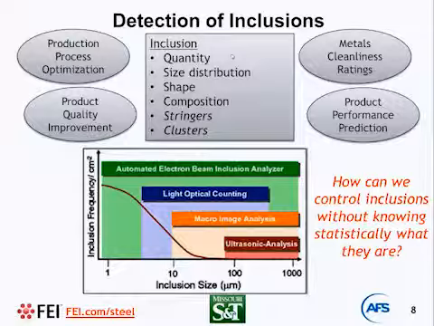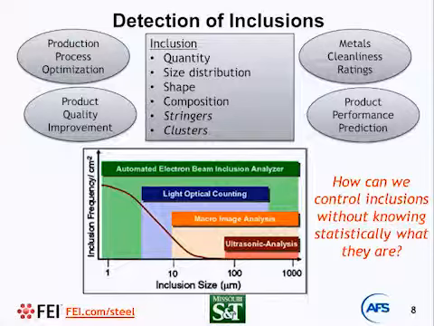As we know, inclusions can impact the production process and have a negative effect on product quality, as Simon just described earlier. So our goal is to look at how we can use automated SEM and EDS technology to measure inclusions and review all this information. Okay, so next slide.